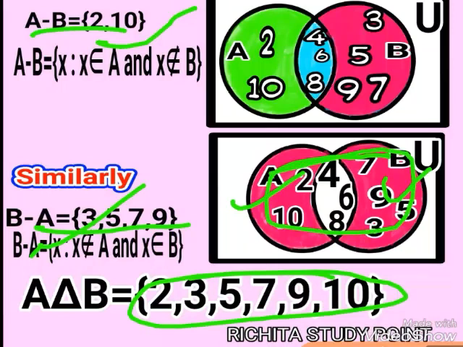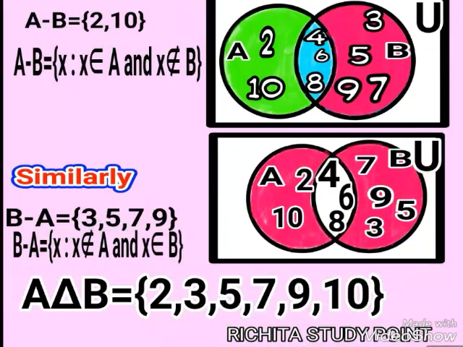The red shaded portion represents the symmetric difference of set A and set B.